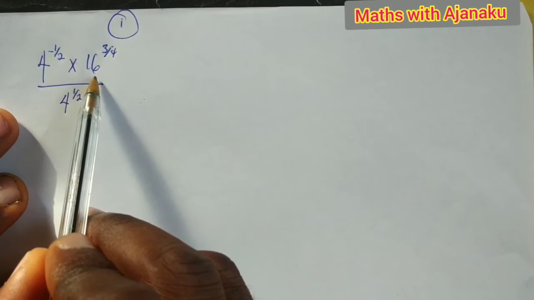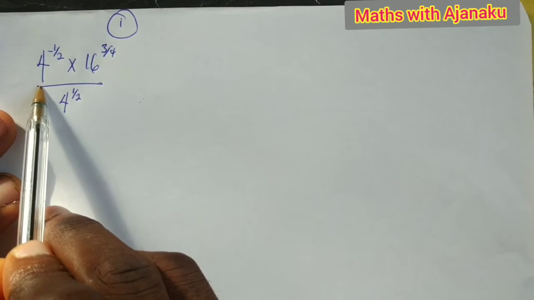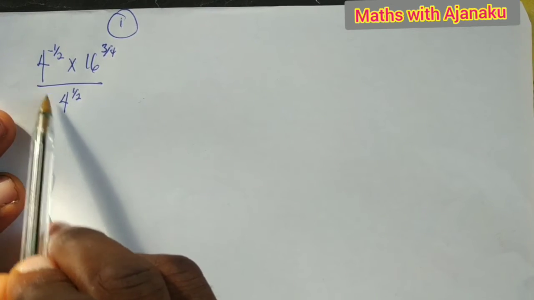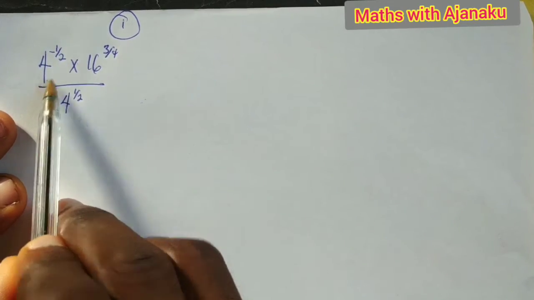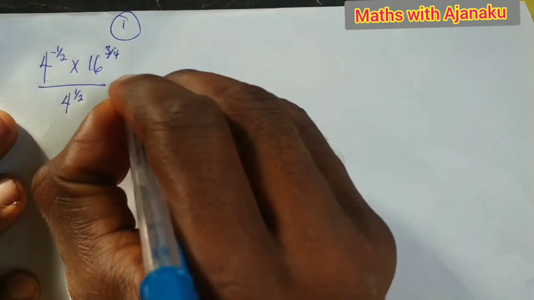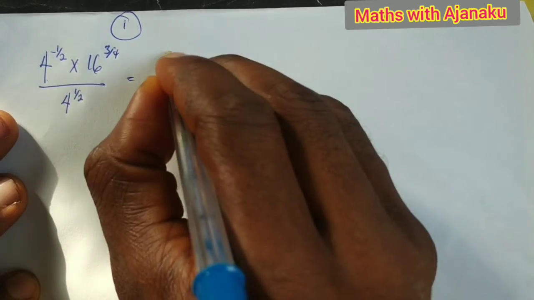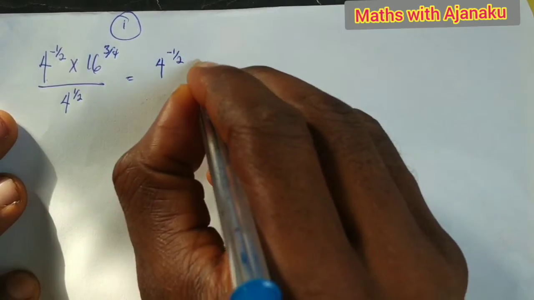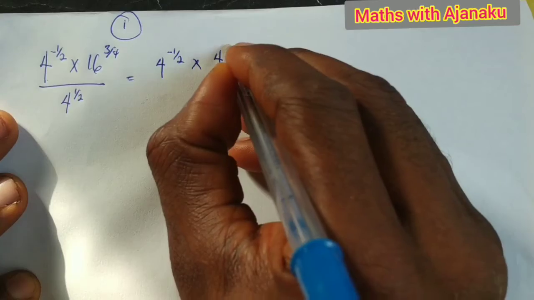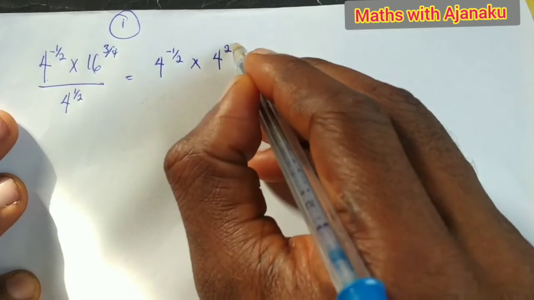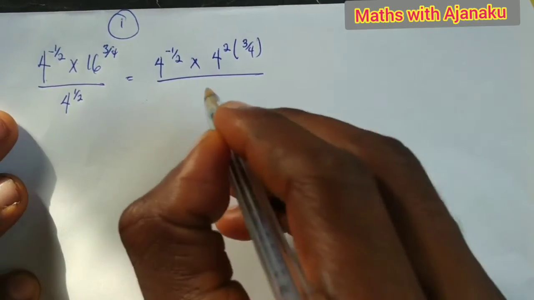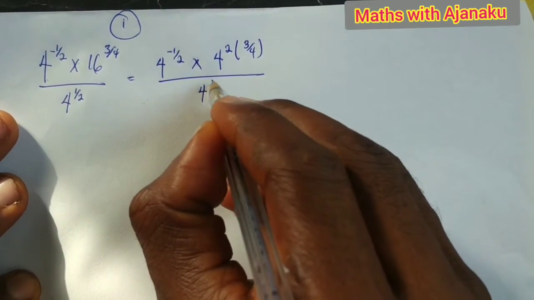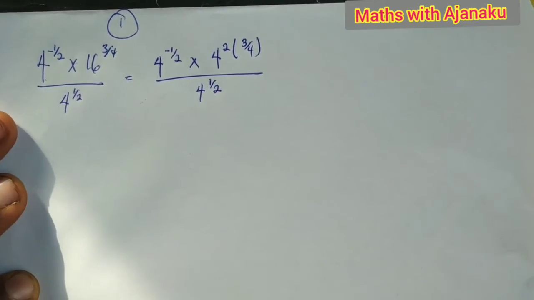Let 16 be in the same base with 4, of which we can see 16 can be written in the base of 4, so this can be rewritten as 4 to the power 1 over 2 times 4 to the power 2, which is 16, all to the power 3 over 4, over 4 to the power 1 over 2.